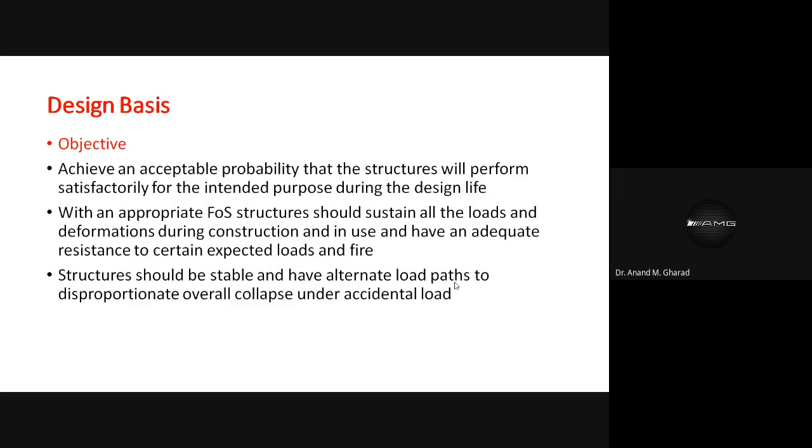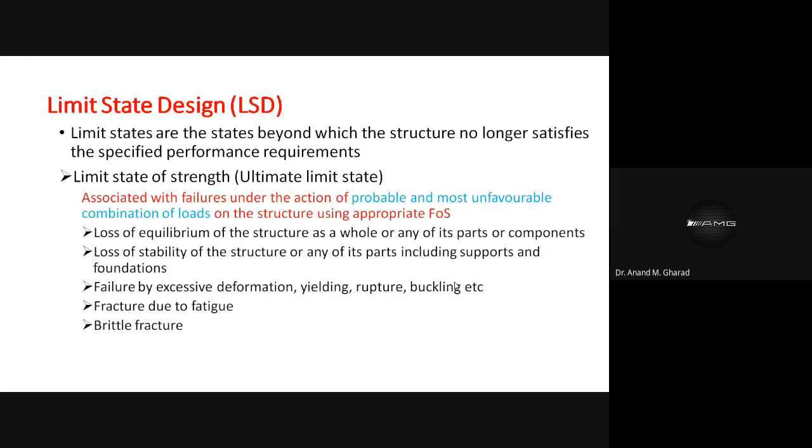It will deform, it will undergo inelastic behavior, but it will not collapse. So that is an alternative path. Based on this objective, the limit state design method is framed.